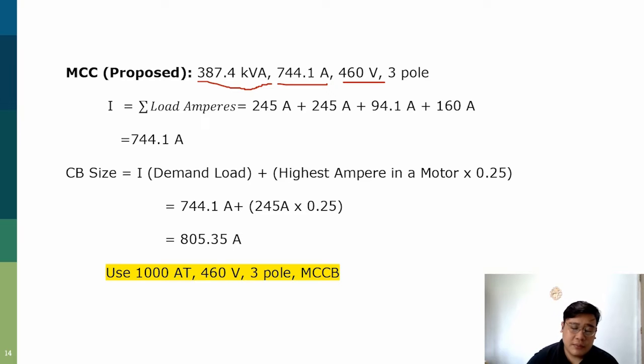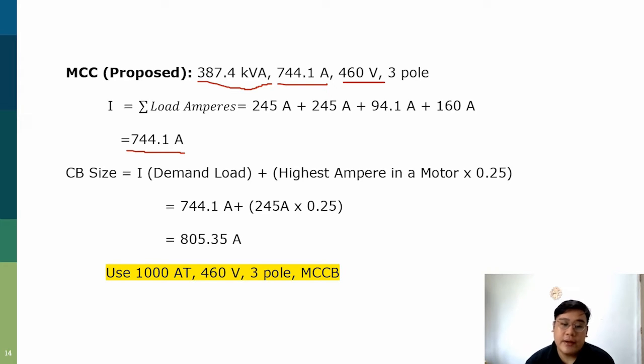Ayun nga, dahil nga meron na po tayong list of currents doon sa schedule of loads natin, ang gagawin na lang po natin is isa-summation yun. Dahil nga dun sa tinuro ko nga pong formula, dun nakuha yung mga currents. So, since given naman na, magiging I natin is summation of load amperes, which is 245 amperes plus 245 amperes plus 94.1 amperes plus 160 amperes. So, magto-total tayo ng 744.1 amperes.